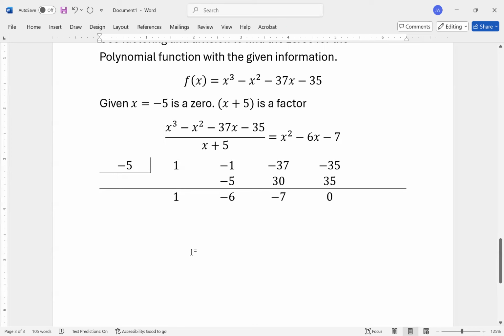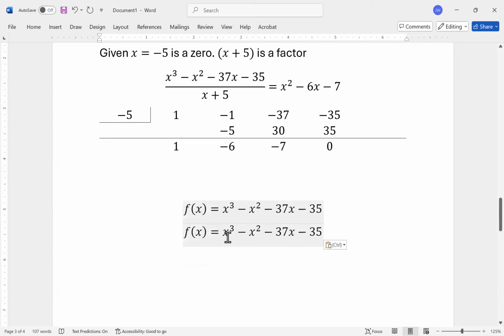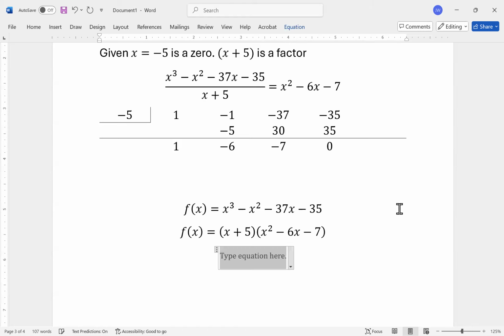And therefore, my polynomial function can be rewritten as x plus 5 multiplied times that quadratic, specifically x squared minus 6x minus 7. We're looking for the zeros of this function, so we want to factor it completely.